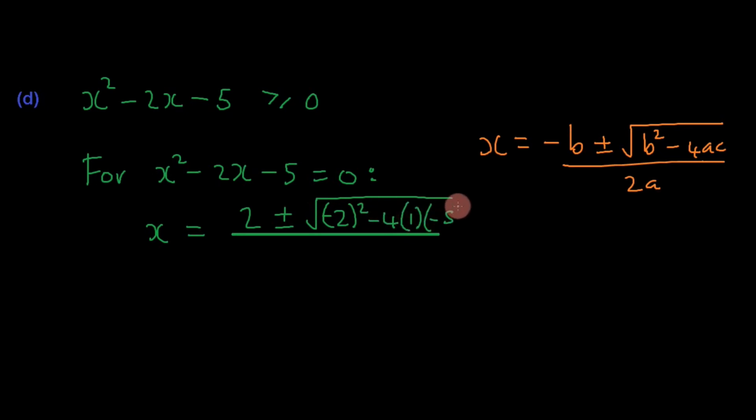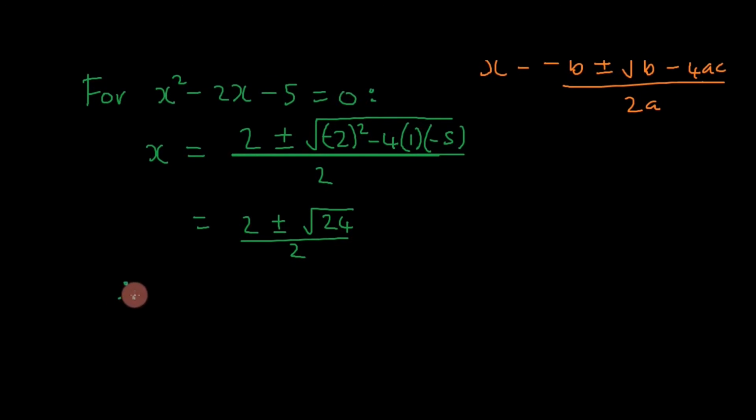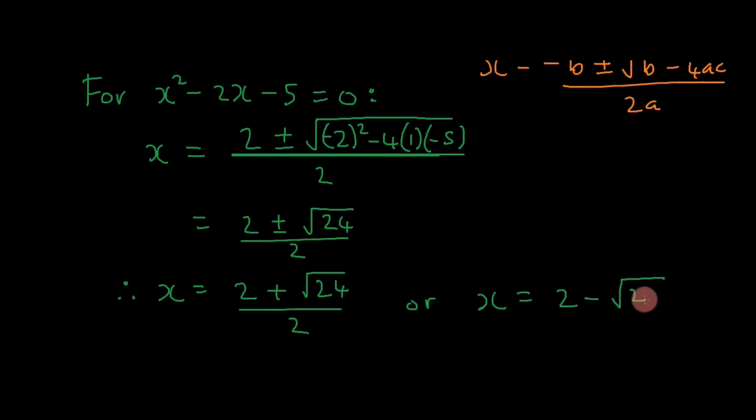This is all over 2a, so 2 times 1. We can first work out under the square root, and it comes to 24. So we see then that x is equal to 2 plus the square root of 24 all over 2, or x equals 2 minus the square root of 24 all over 2.